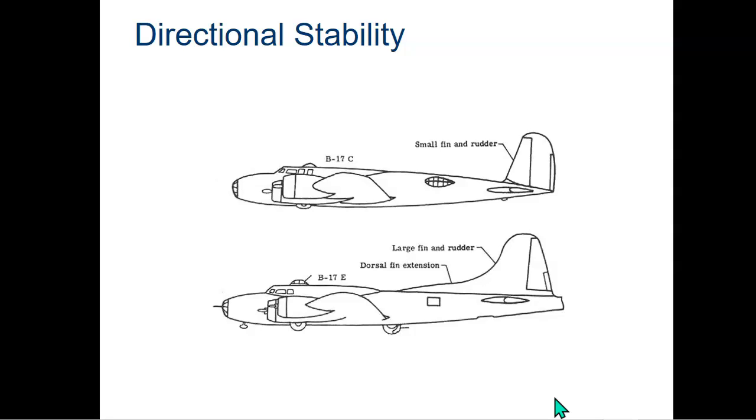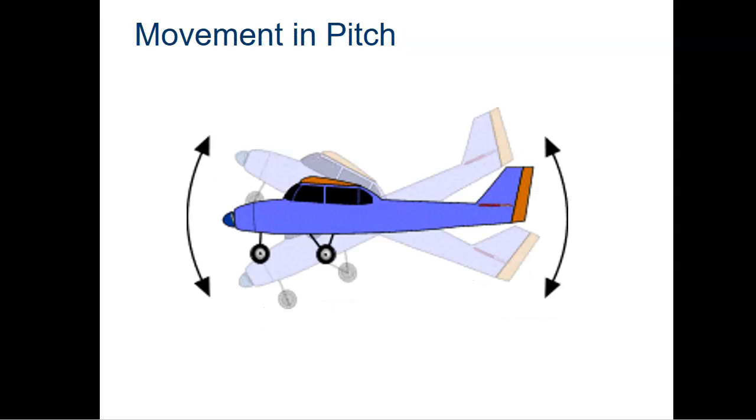And the problem with this aircraft was that in the B-17C, with the small vertical stabilizer, the aircraft was extremely difficult to control because it didn't have enough surface area there to keep the heavy front of the plane in line. So what they did is they added this enormous tail, and that made it where they had better control of the aircraft in flight.